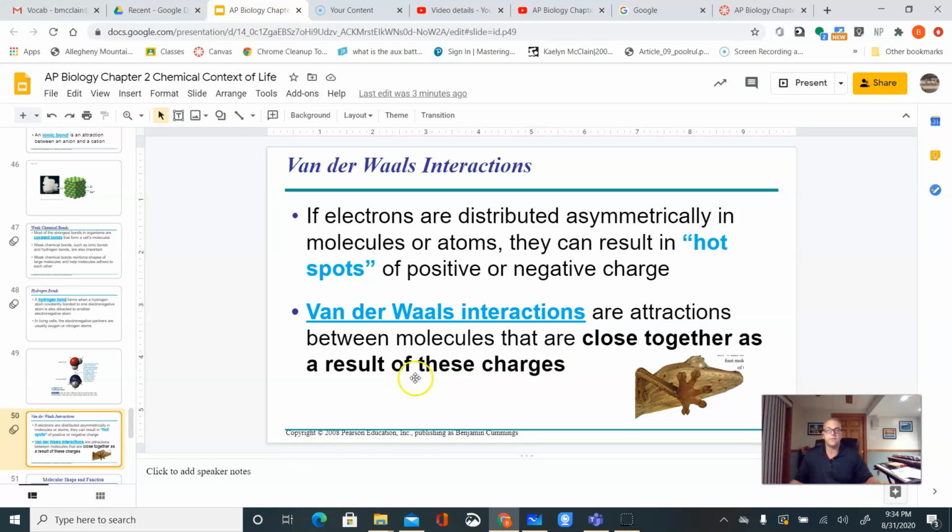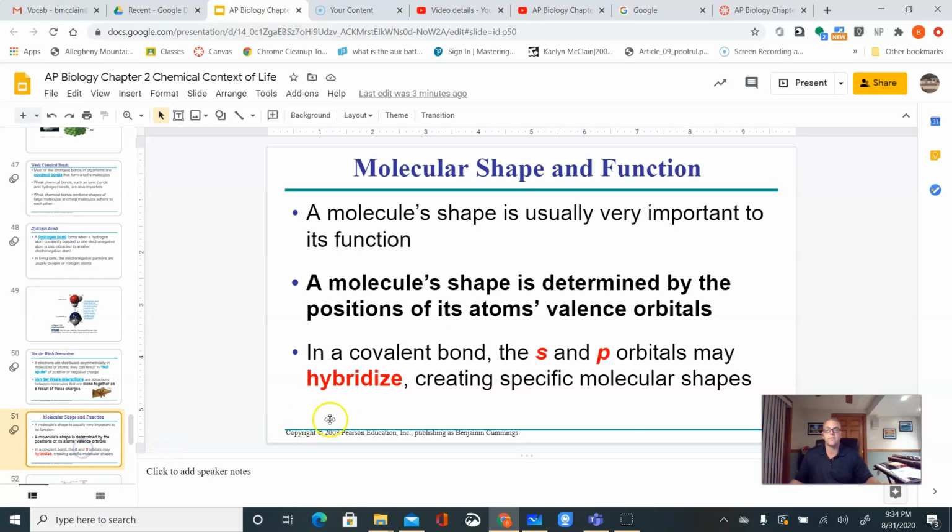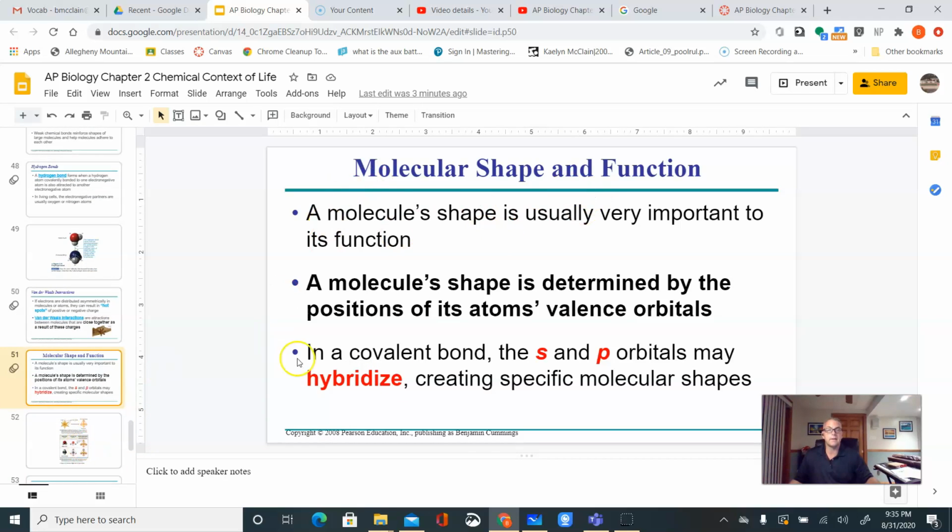But the idea is that they can create these hotspots where there's separations of charge, and it allows for an interaction that allows them to climb vertically, basically, in these different areas. So we'll talk more about that and see some other examples.